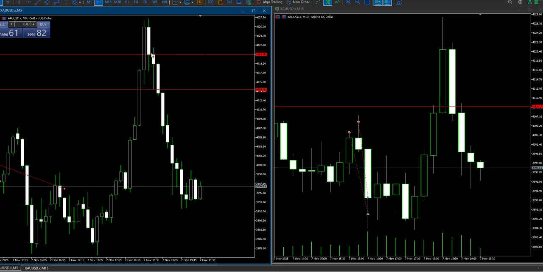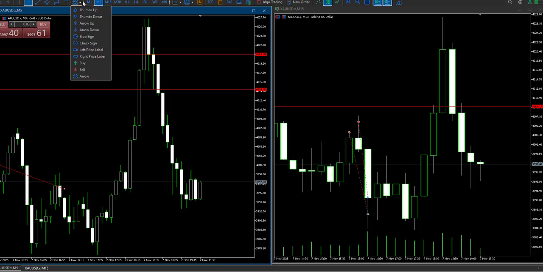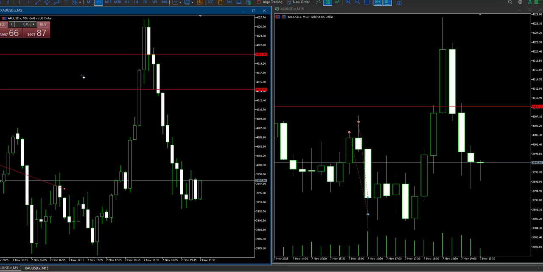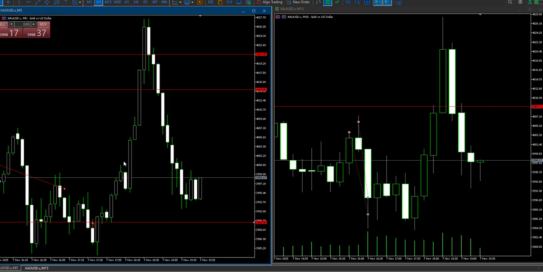You see this bullish engulfing candle here. When you wait for that, you come here and wait for a retracement to this zone here, then you could buy. Simple as that.